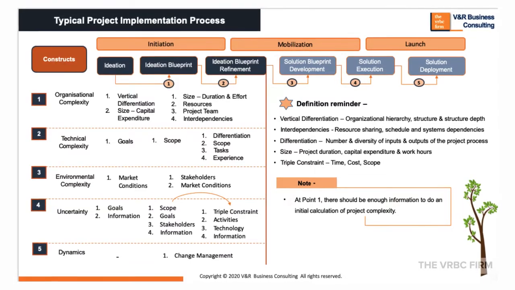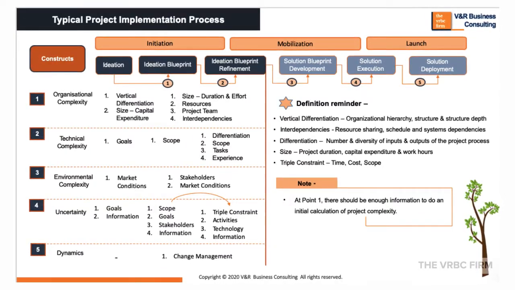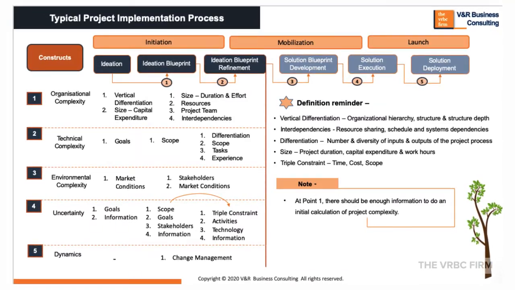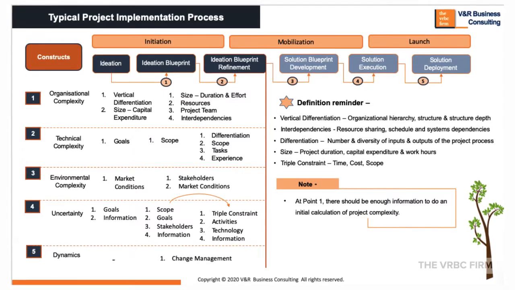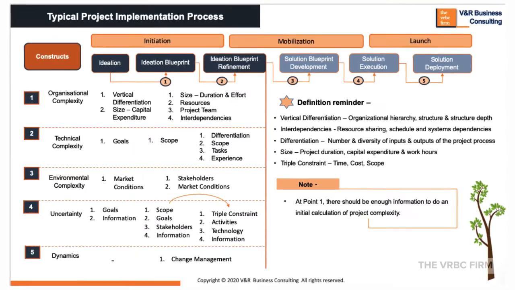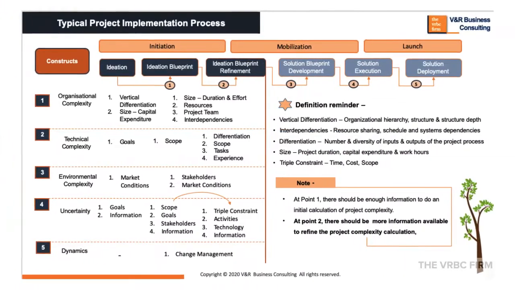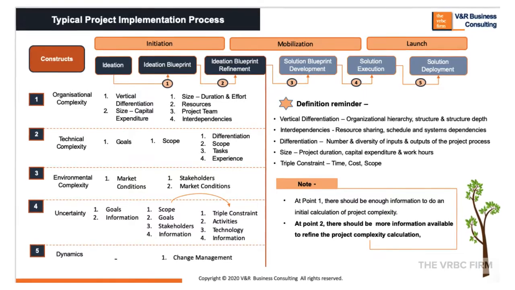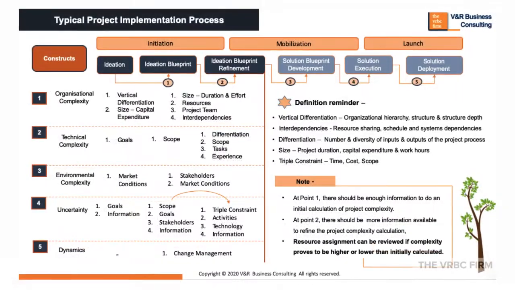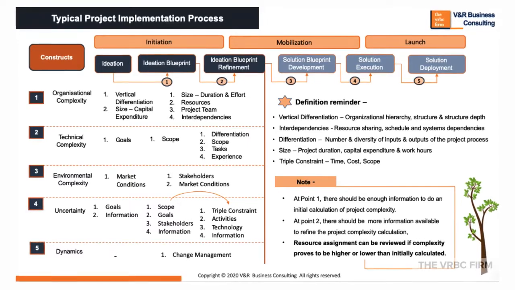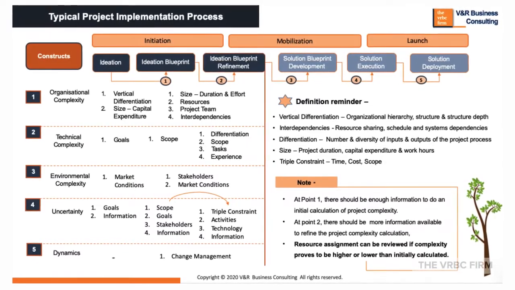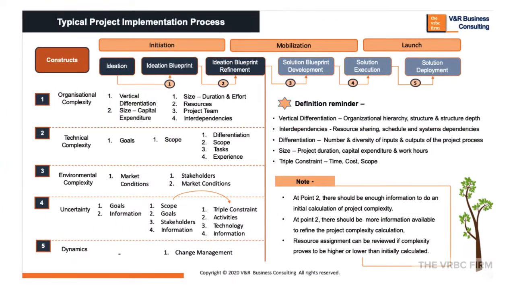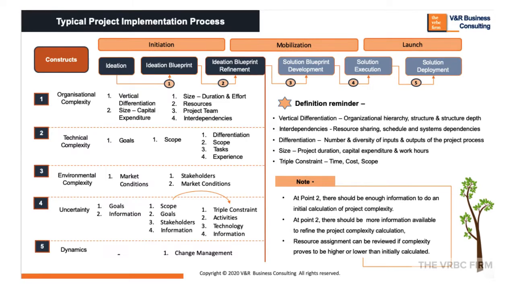A couple of points to note about the availability of information to do the actual calculation. And that's how the outcome of the construct, element, and attribute mapping looks like.